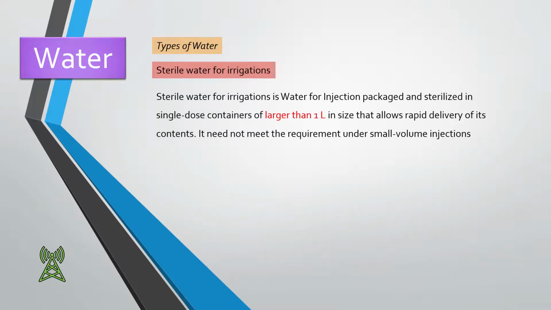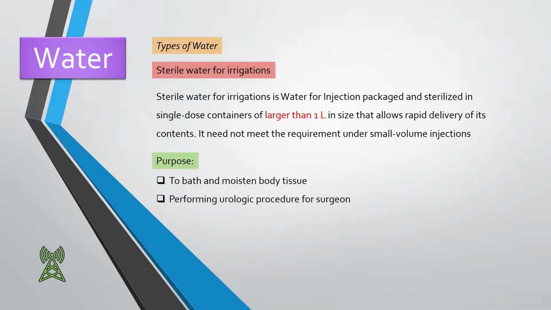Sterile water for irrigation is also another important kind of water which is used in hospitals for irrigation purposes, and it is also packed in single dose containers of 1 liter in size. Its purpose is to bathe and moisten body tissue, and for performing urological procedures by surgeons.